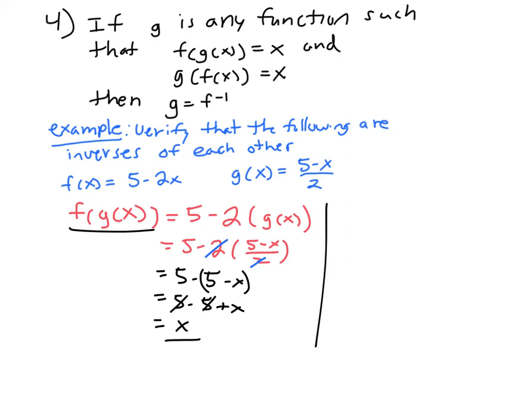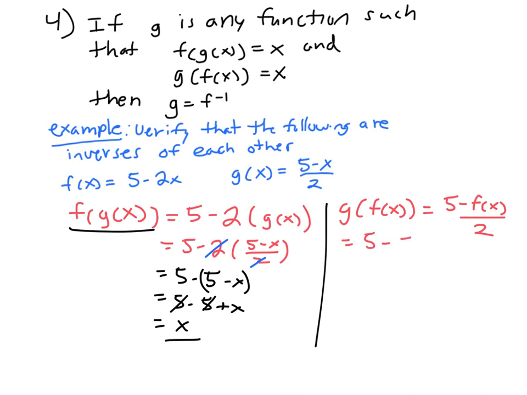Now I need to find g of f of x. I have to find that this equals x as well. First I'm going to plug in f of x everywhere I see x in g. So I'll have 5 minus f of x, divided by 2. I'm using this function, and I plugged in f of x for x. Now I'm going to plug in what f of x equals.